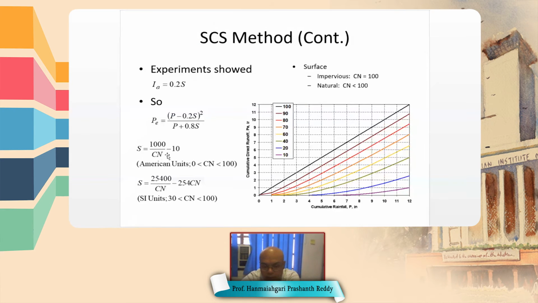S is equal to 1000 by CN minus 10. Once storage is estimated, and precipitation is known, then by substituting those two values, we will get excess rainfall.